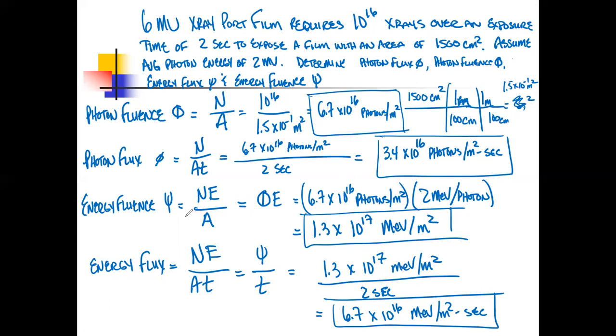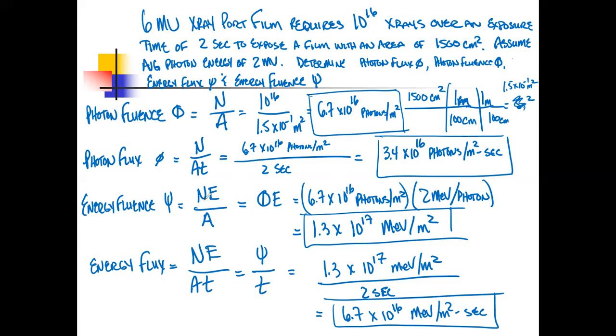Now, the energy fluence is going to be, I want to say that is psi. It is going to be the number of photons that we have coming through, of course, divided by the area. Can't quite seem to get away from that concept, can we?